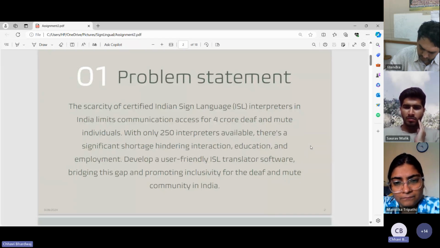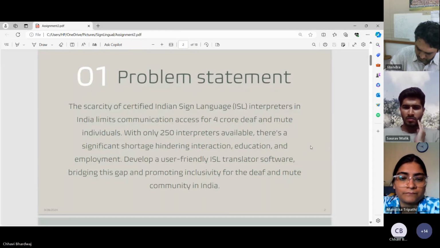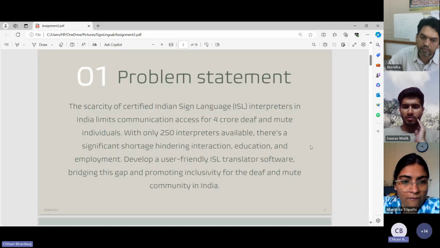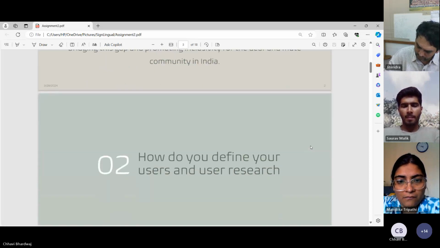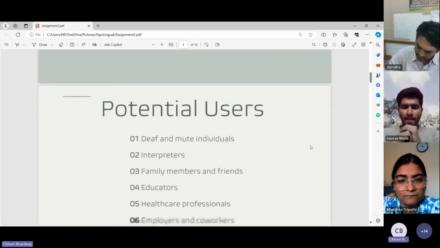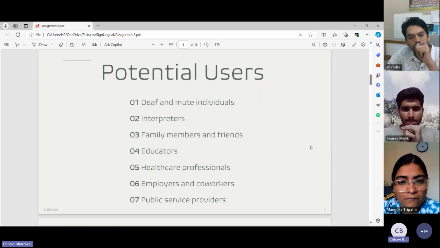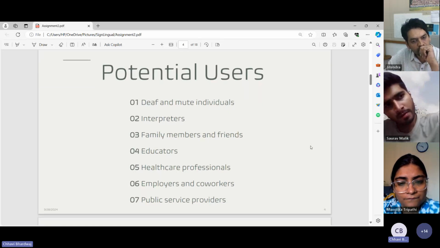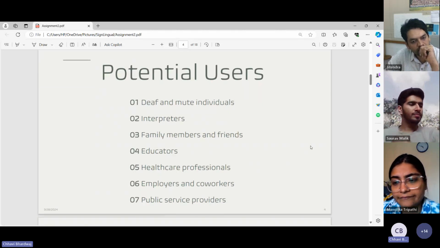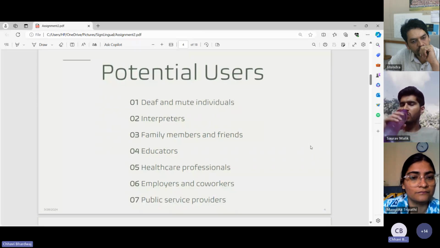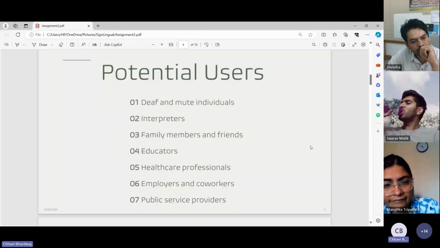So our aim was to develop a user-friendly and innovative software to translate ISL sign gestures into their respective translations in text and voice output. For user research, these are some potential users who can benefit from software like this: deaf and mute individuals, their family members, interpreters, educators, public service providers, and healthcare professionals.